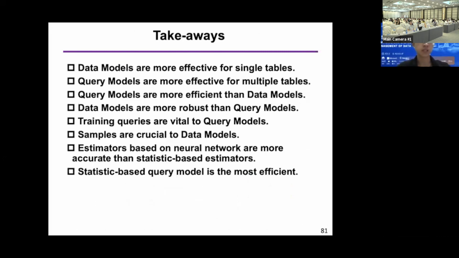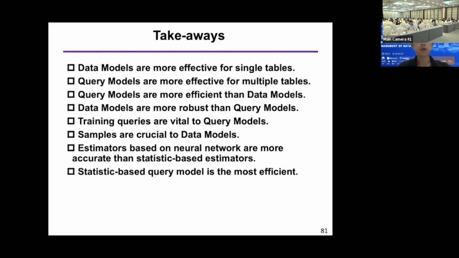So in conclusion, for cardinality estimation, the data models are more effective for single tables. Query models are more effective for multiple tables because the sampling time for the data models is too time consuming. And query models are more efficient than data models, especially for the learning of the data distribution.